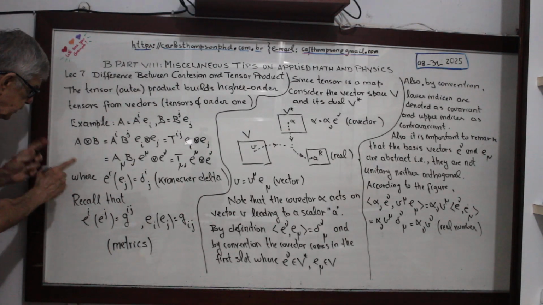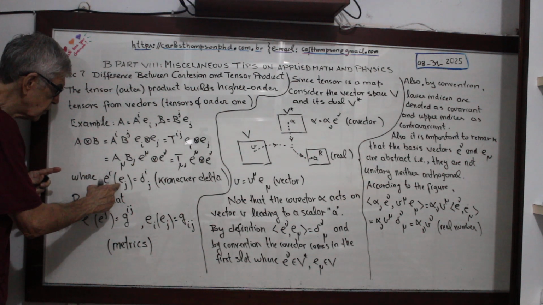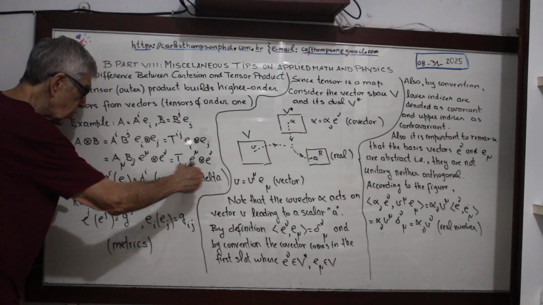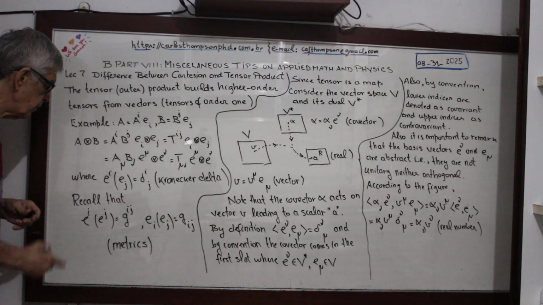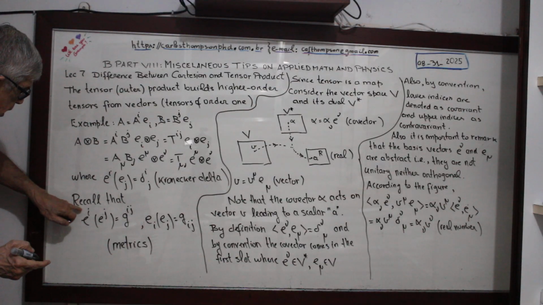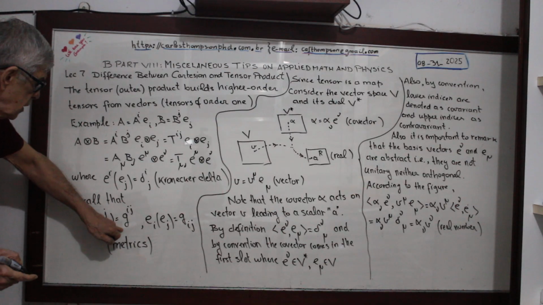Now, this important definition: e^i acting on e_j leads to the Kronecker delta δ^i_j by definition. Likewise, e_i · e_j is the metric g_ij, and e^i · e^j is the metric g^ij.